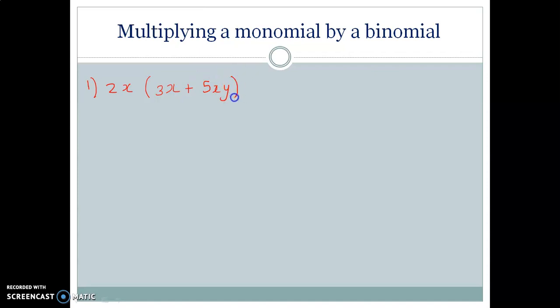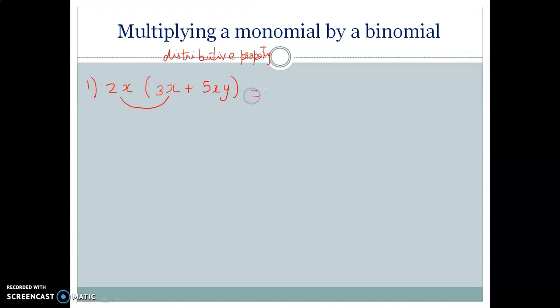Which is a monomial? This 2x is a monomial and 3x plus 5xy is a binomial. How to multiply this? You have to multiply as we did in the distributive property. Do you remember that distributive property? Yes. The same is true here too.